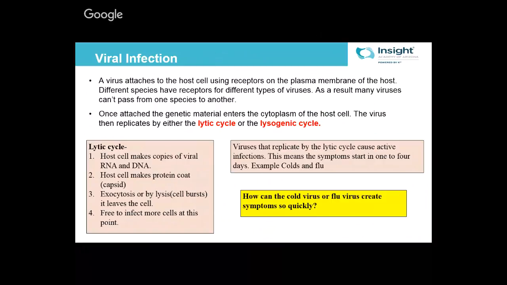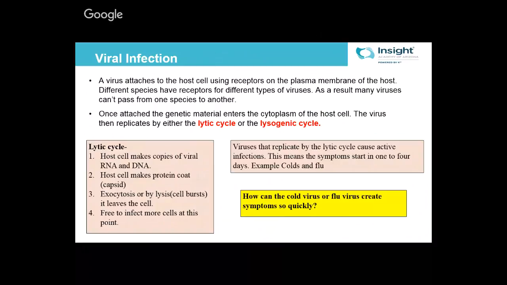But for those cells that don't have an antibody, it can result in the virus passing on its genetic information into that cell. Once it's attached, the genetic material enters the cytoplasm of the host cell, and the virus then replicates by either the lytic cycle or the lysogenic cycle, and we're going to talk about both of those.